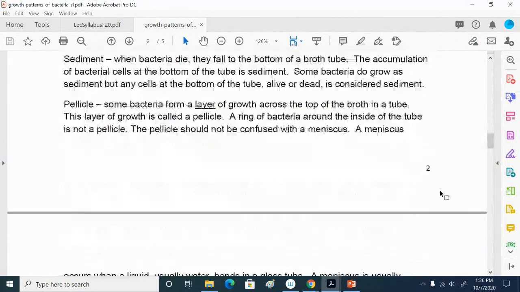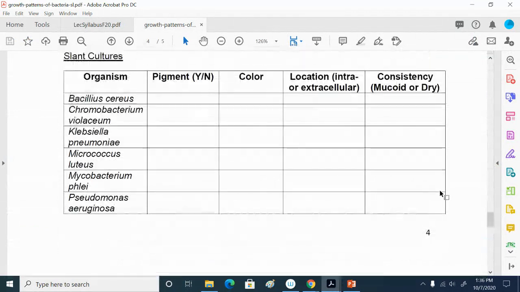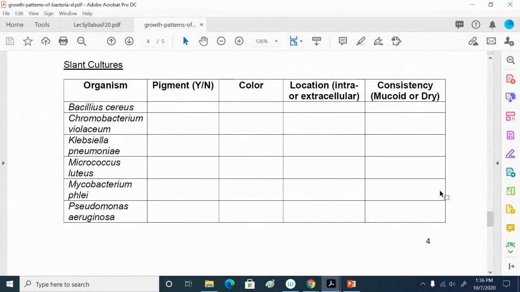So, just to summarize, and I'll try to write here. We did not see Bacillus cereus, but Bacillus cereus would look whitish. So is that a definite pigment?